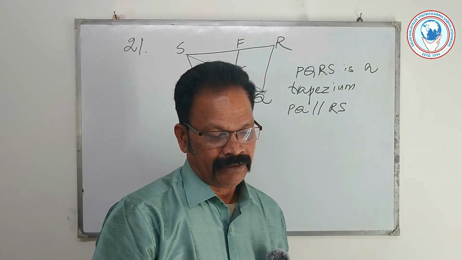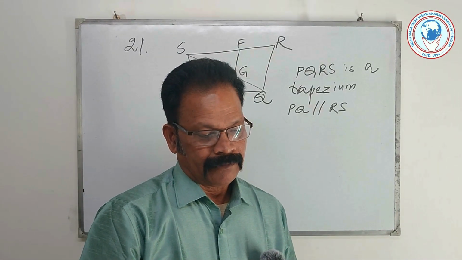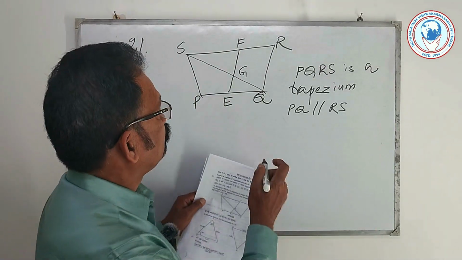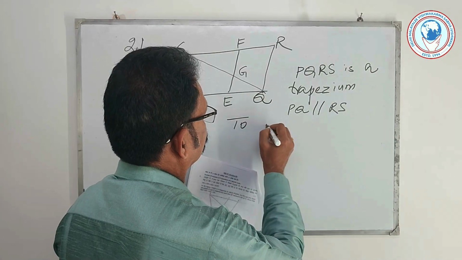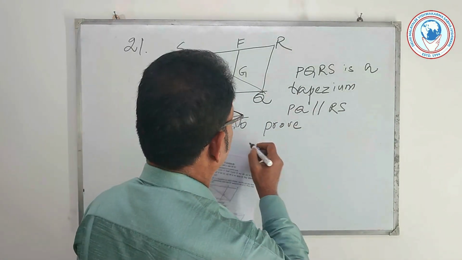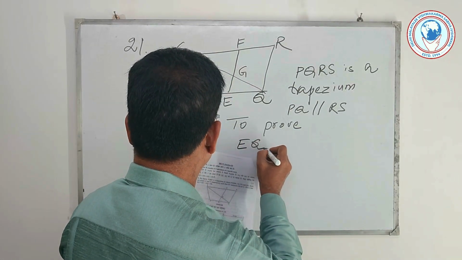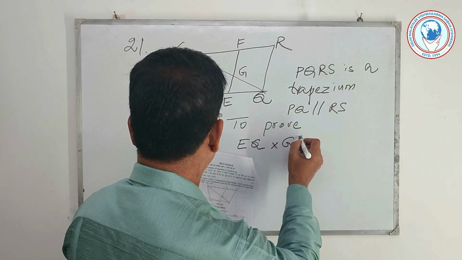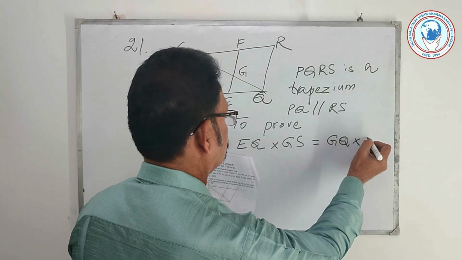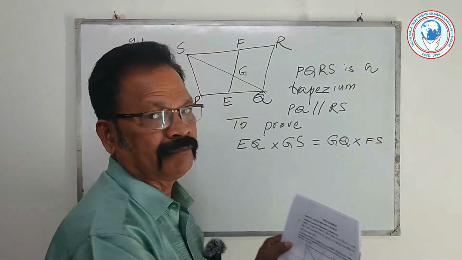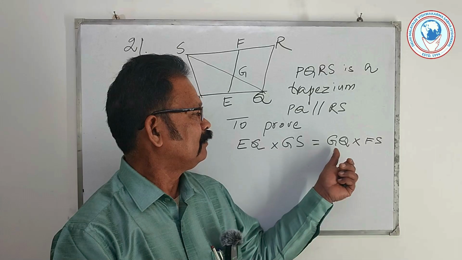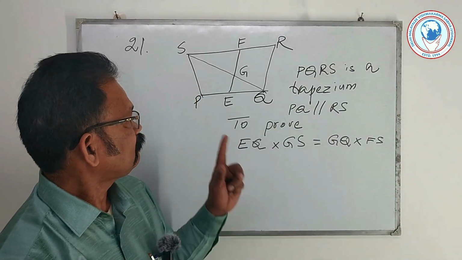PQRS is a trapezium in which PQ is parallel to SR. To prove EQ into GS equals GQ into FS.